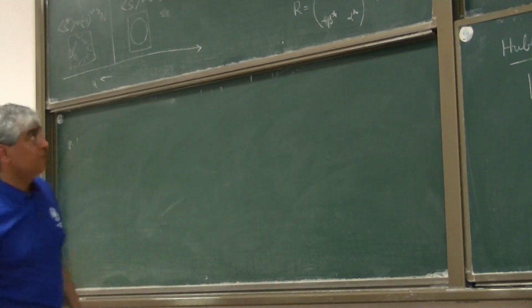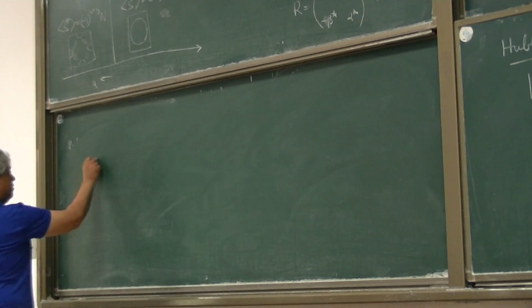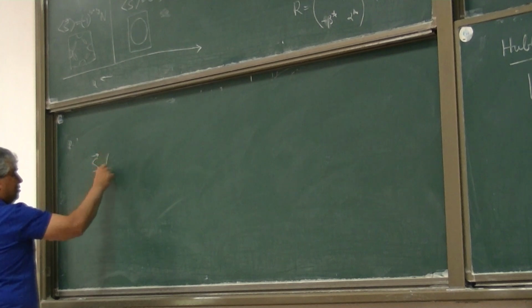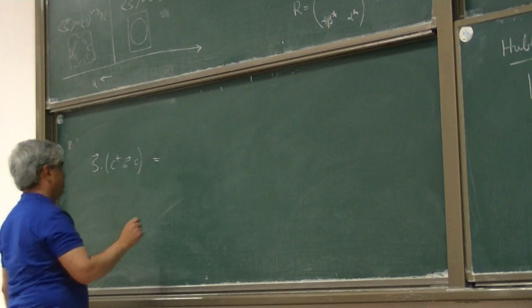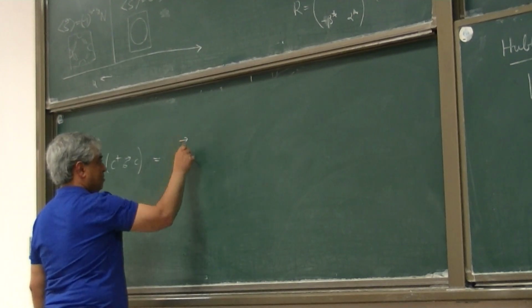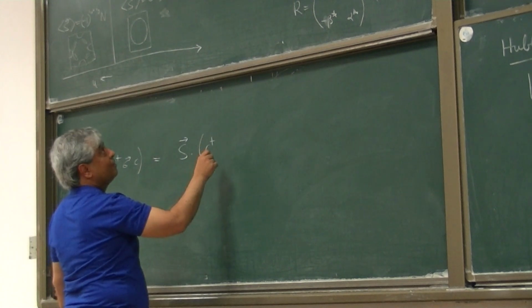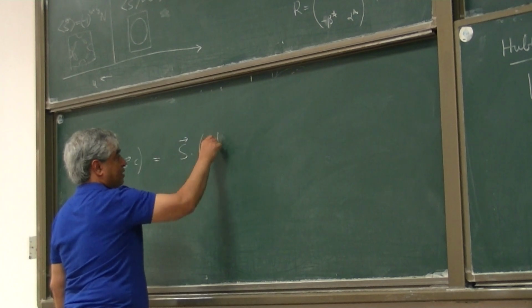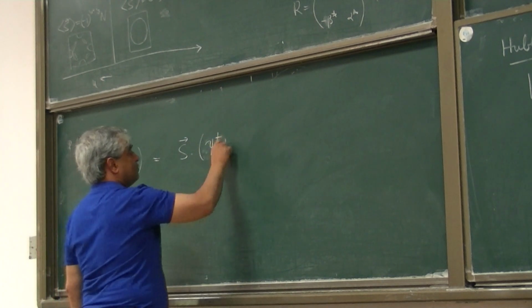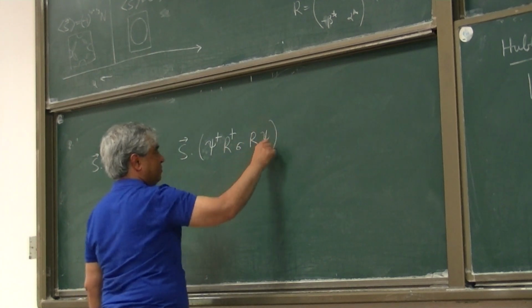So S dotted into C dagger sigma C, you can then write as S dotted into psi dagger R dagger sigma R psi.